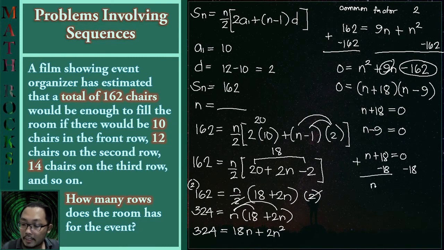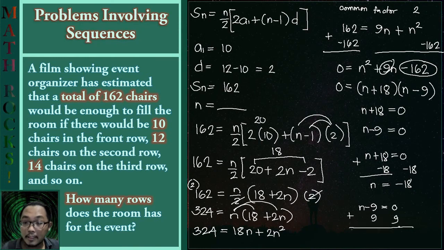Doing so, we have this n be equal to negative 18. While on the other equation, we have n minus 9 be equal to 0. Applying the APE, by adding a positive 9 to both sides of the equal sign, then we have this n be equal to positive 9.